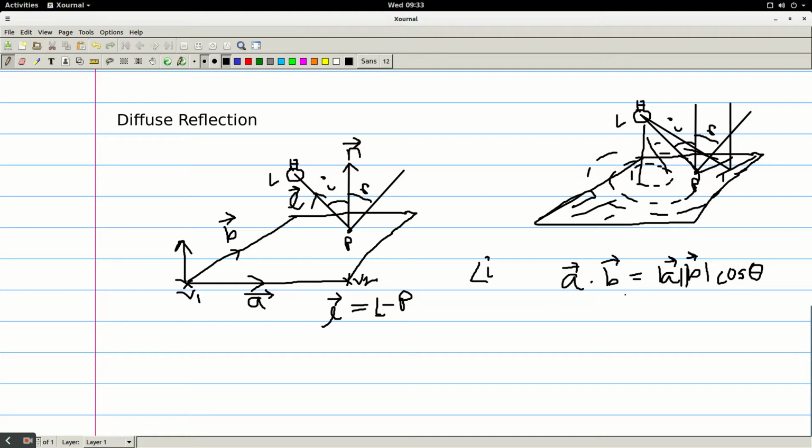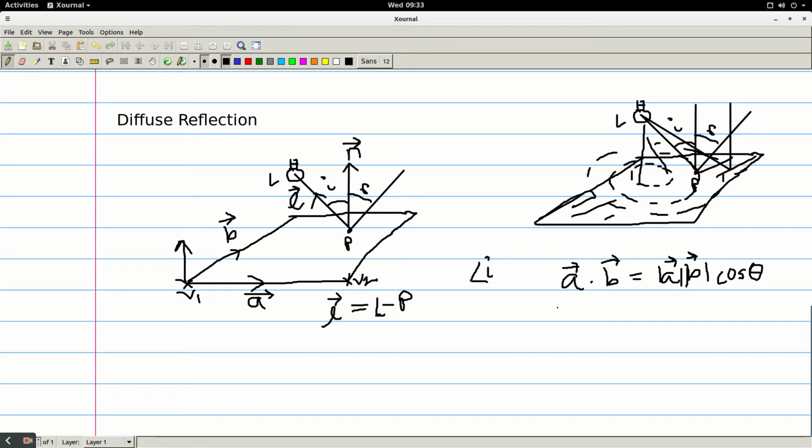Is the dot product a vector or a scalar? It's a scalar. Dot product's a scalar because this is a scalar component. This is a number. This is the magnitude of A, magnitude of B. So you get two scalar values. Cos theta, again, is a scalar thing. So if you multiply all the scalars, you're definitely not going to get a vector.